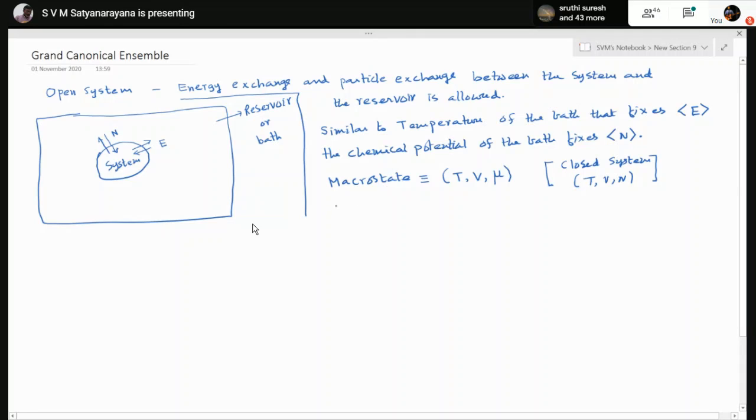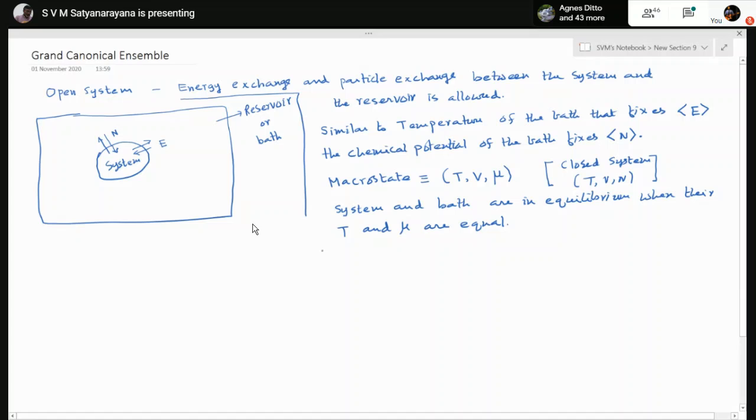So you can say that the system and the bath or the reservoir are in equilibrium when the T and mu are the same: same temperature and same chemical potential.